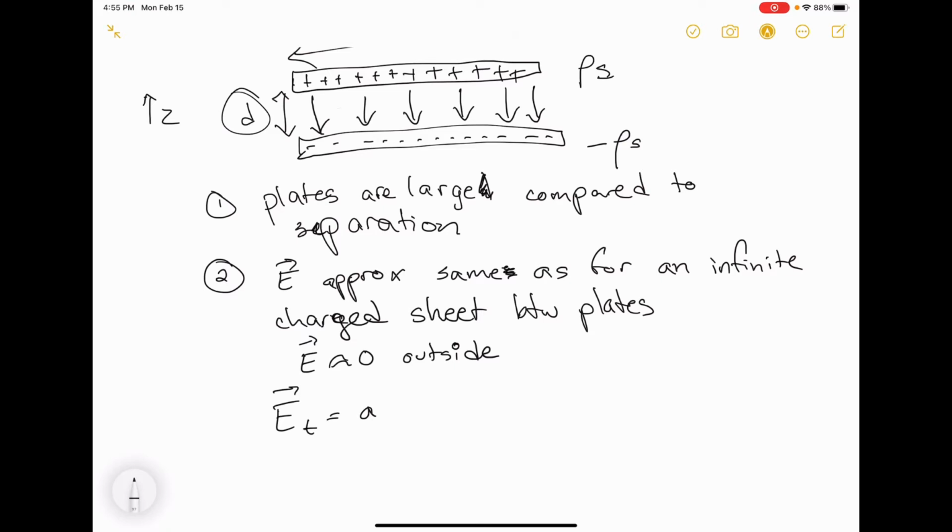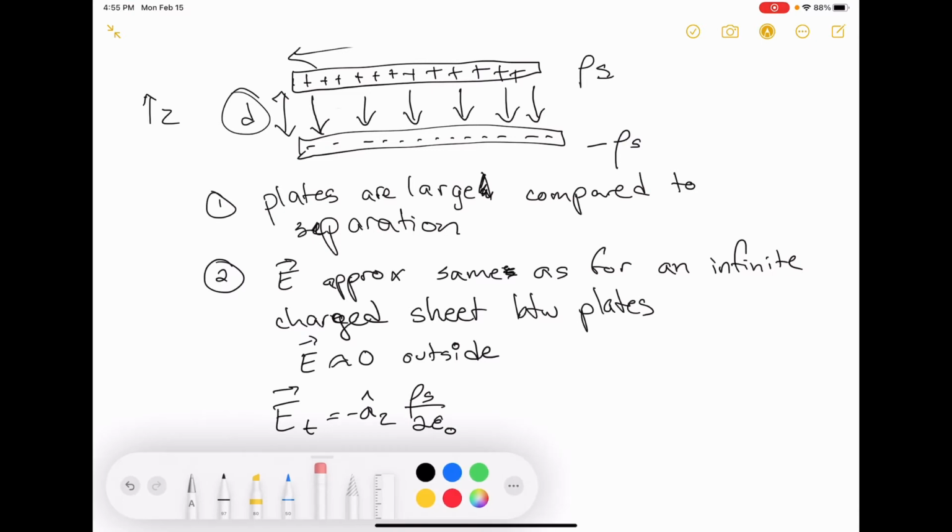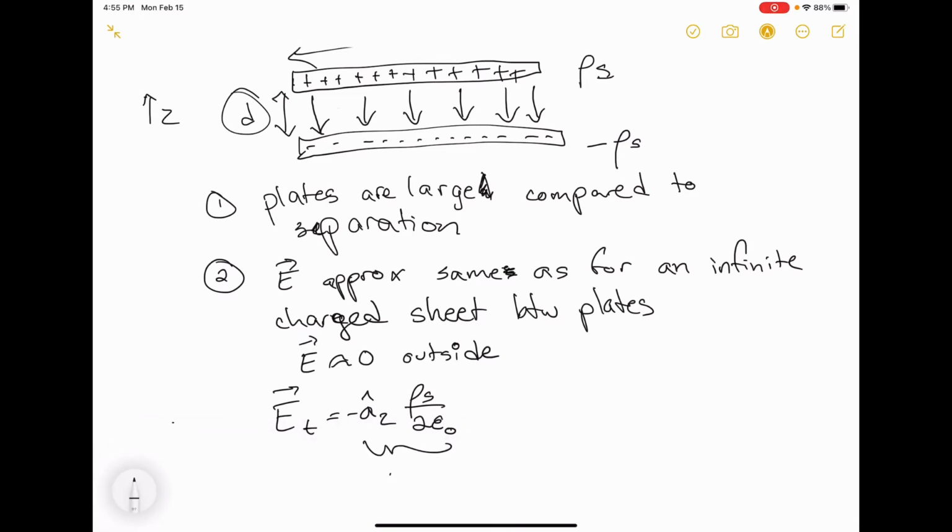So it is minus a hat z rho s over 2 epsilon naught from the upper plate and the same thing from the lower plate.